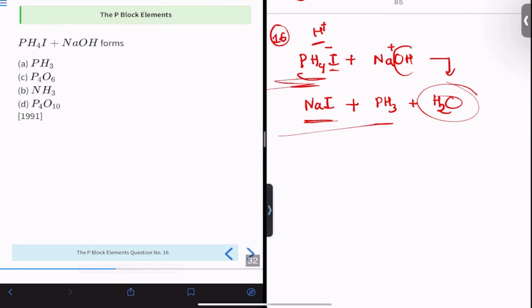But sometimes in inorganic, these concepts are not matched. The thing which you expect to happen does not happen because it has so many exceptions. So I would not say that you use your brain in this question. I would say it's better if you mug up these things from the NCERT directly.